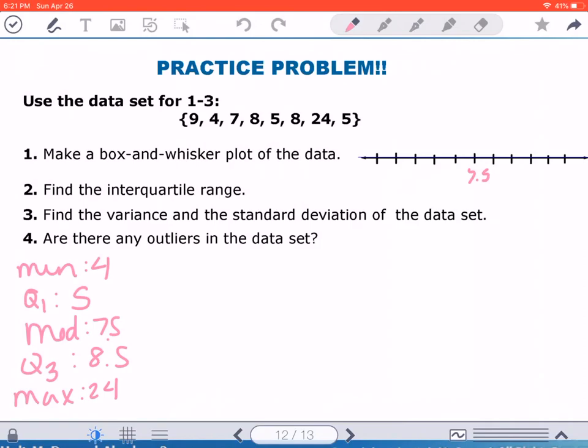Okay, so looking here, I have my median listed at 7.5. My Q3 is 8.5, so I'm going to go up by 0.5-ish here. Obviously 24 is way out here at the end, so we'll stick 24 right here. Okay, so 24 is here. My minimum is 4.